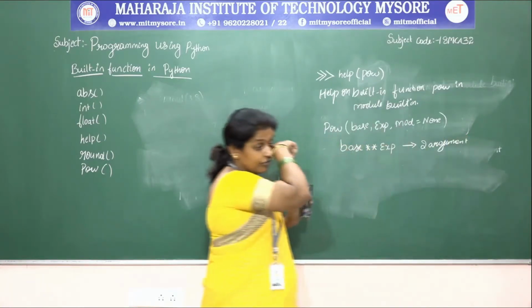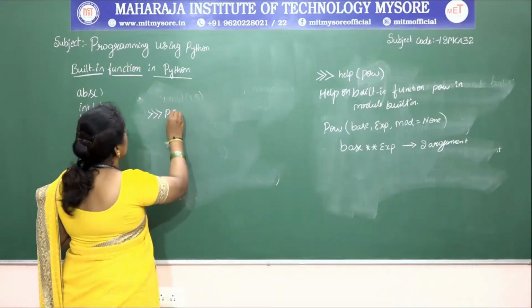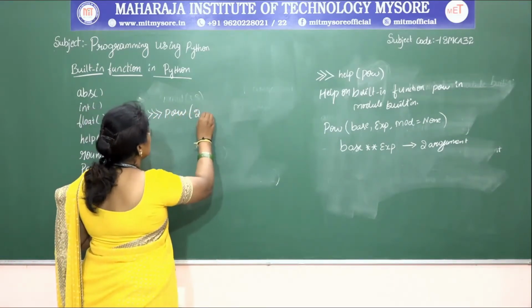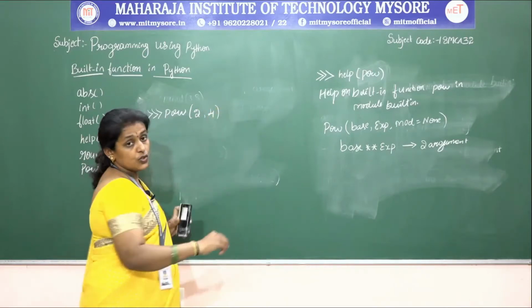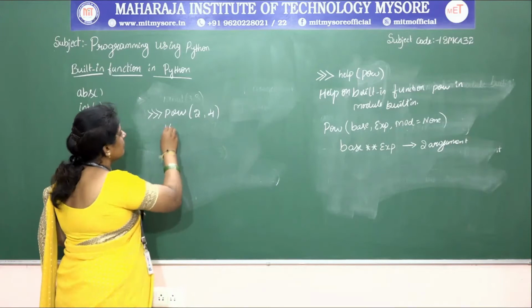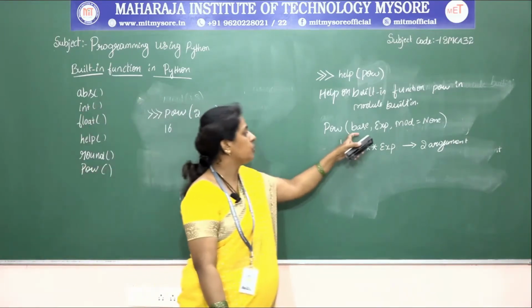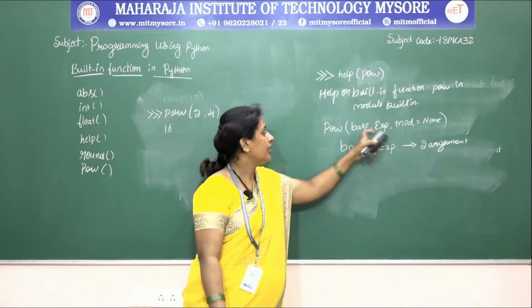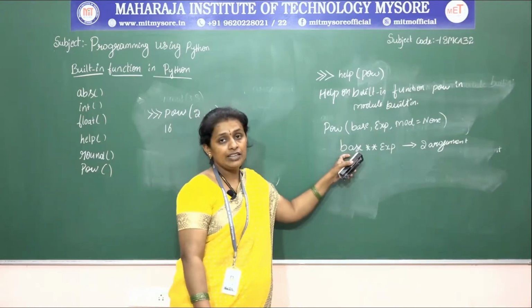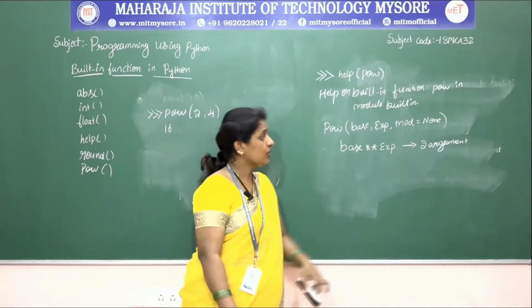So when we pass only the two arguments, that is 2 power 4, we get 2 to the power of 4, which is 16, right? 2 power 4 is 16. So when we are passing only two values, it calculates only the base with respect to the exponent value.